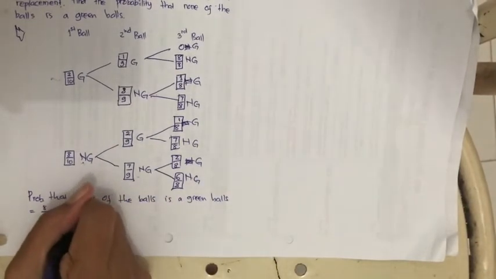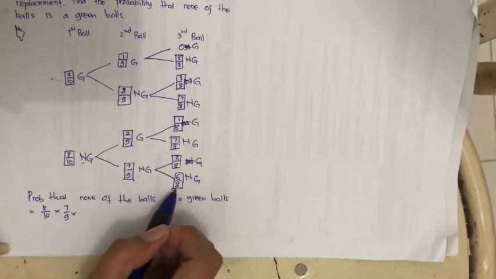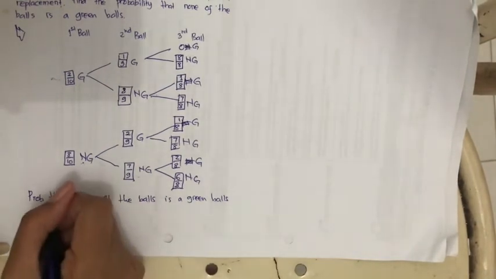So this is the probability: 8 over 10 times 7 over 9 times 6 over 8, which equals 3 over 4 times 7 over 9 times 6 over 8 simplified, so it is 7 over 15.